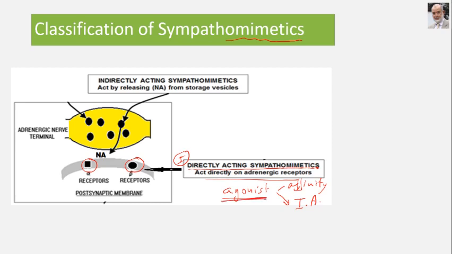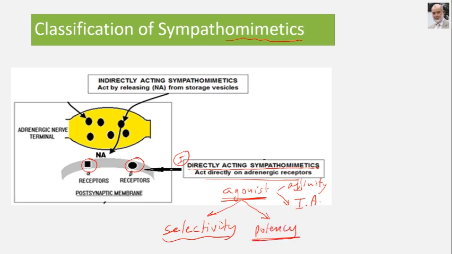These agonists differ in selectivity, as we will mention later. They will differ in what type of adrenergic receptor they act as an agonist on. In selectivity, some of them are selective, some of them are not selective and act on all adrenergic receptors, and they differ as well in potency.